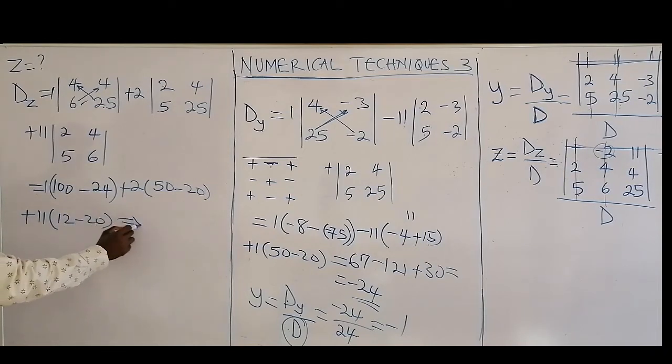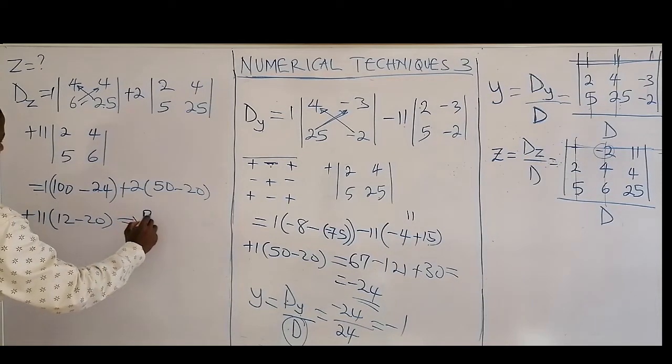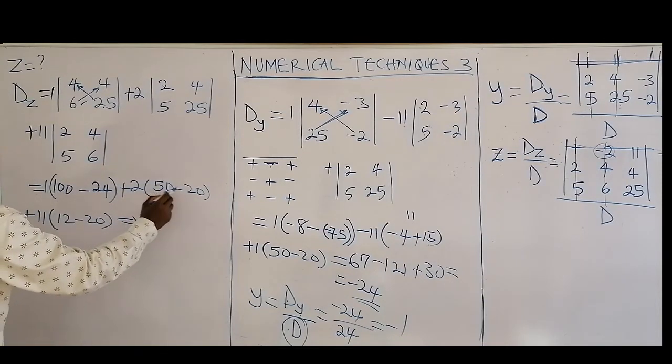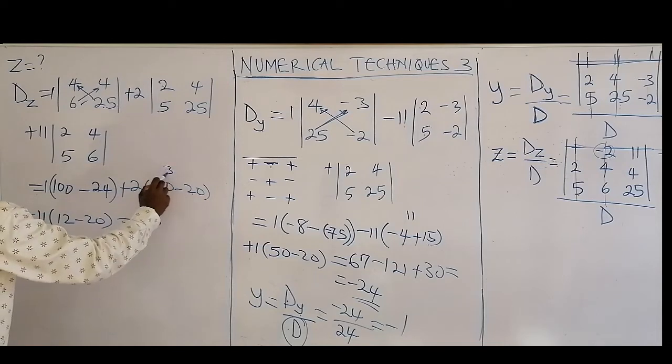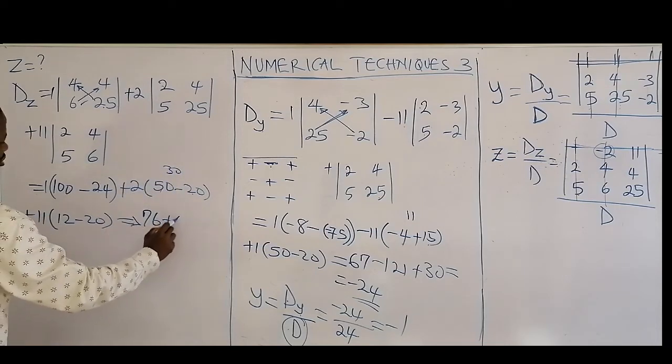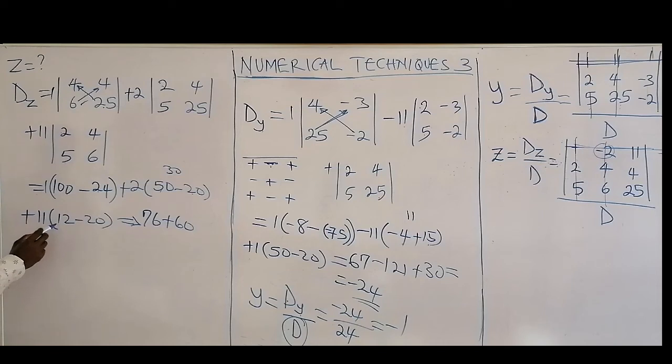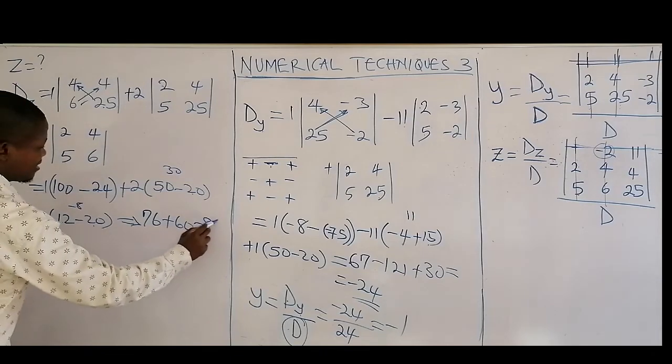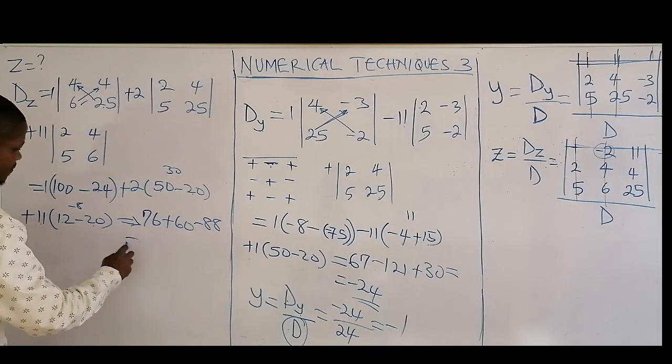So that's what we have in this case now. That will be 100 minus 24, that's 76. And then 20 minus 50 minus 20, that's minus 30, times 2, that's plus 60. And then 12 minus 20, that's minus 8 times 11. So that's minus 88. That's 48.